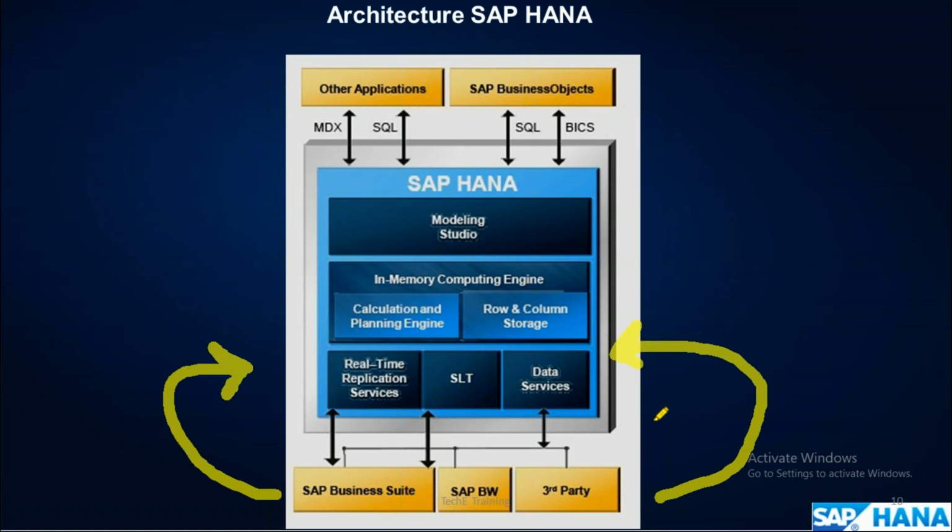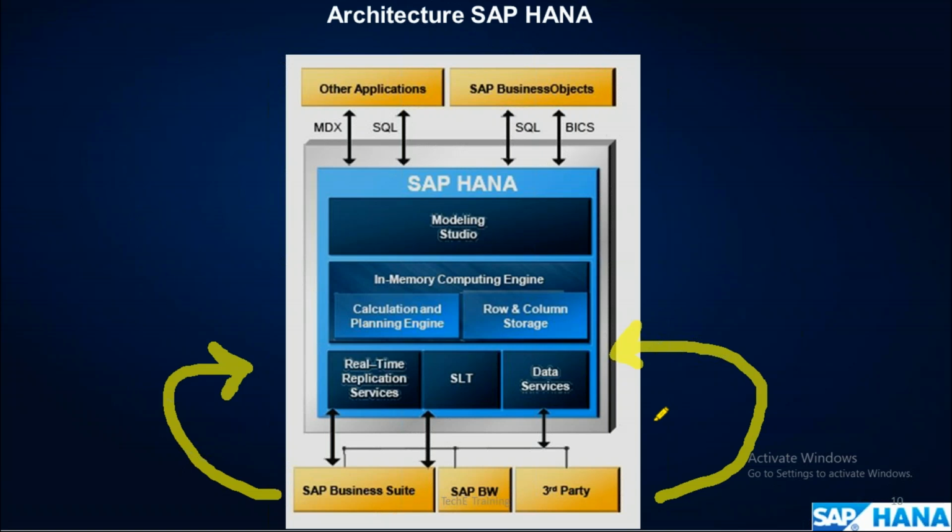So this is the first thing that we need in any implementation or migration project relating to HANA, is to bring data, is to be able to extract data or replicate data from existing SAP or non-SAP legacy sources.